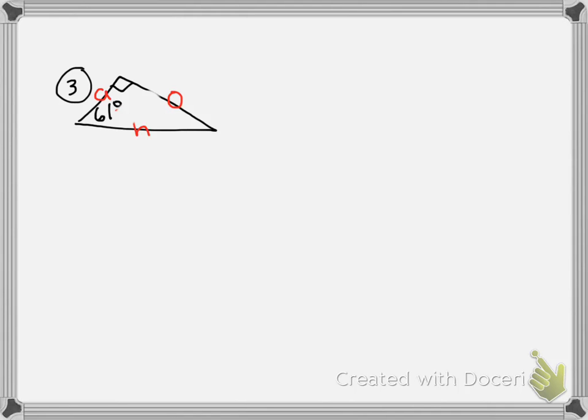Okay, so that's where we're at. O, A, and H. And so we have to figure out where's the x. Well, they told us x is right here. When I look at the picture, there's x. So what do I need? Well, I need to find x.